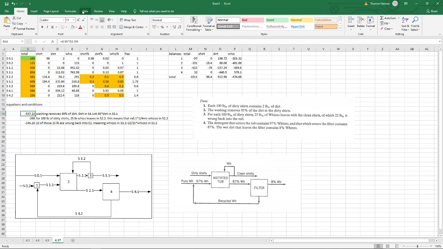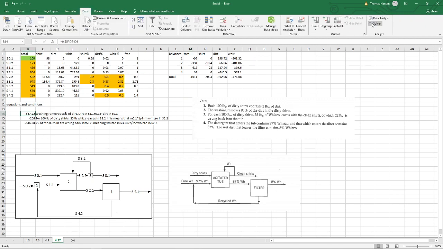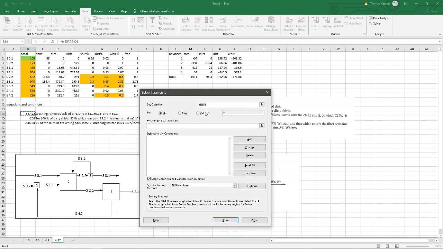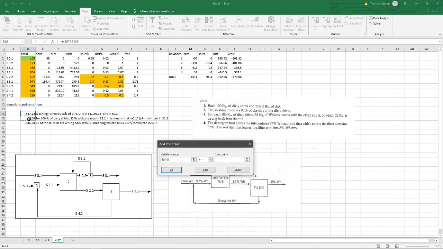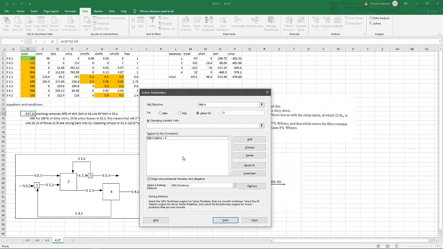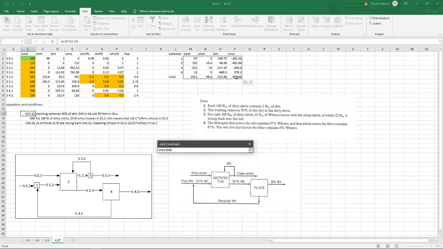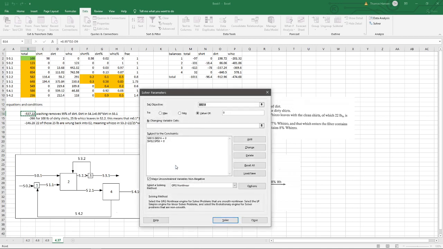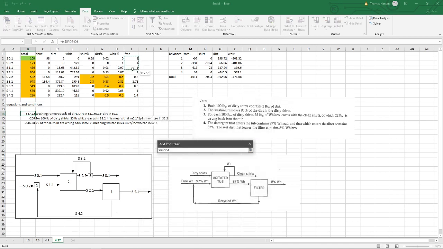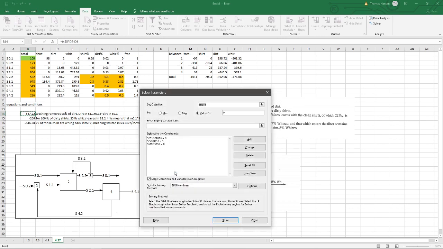if I go to my data and my solver, and I say I want that equation, B14, to be 0, I want those two to be 0, and I want all of my mass balances to be 0, and just for the fun of it, I want all of my fractions to be 1.